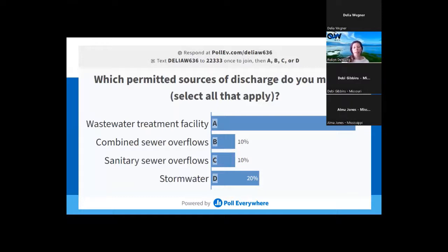Has anyone done that? Reached out to other representatives within your municipality of other discharge sources? Okay, I don't have anyone speaking up. So we'll go to the next slide.